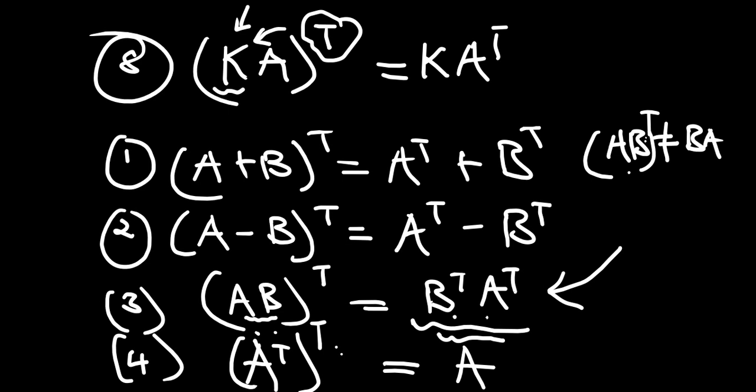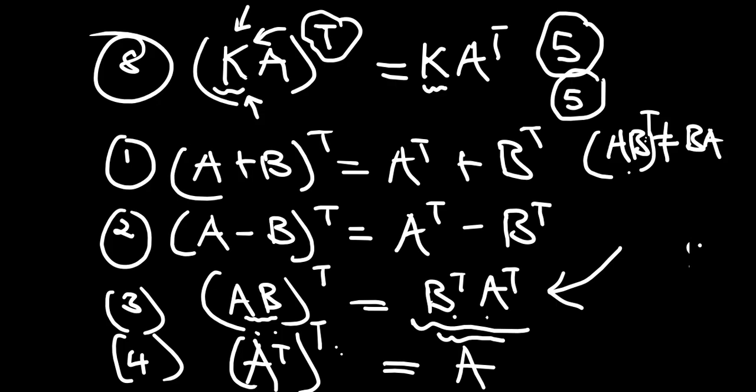For example, if I have this 5 here and I find the transpose of 5, the transpose of 5 will be 5 itself. It doesn't change anything. So if you have a scalar k and you apply the transpose to this k, it's just going to be k.